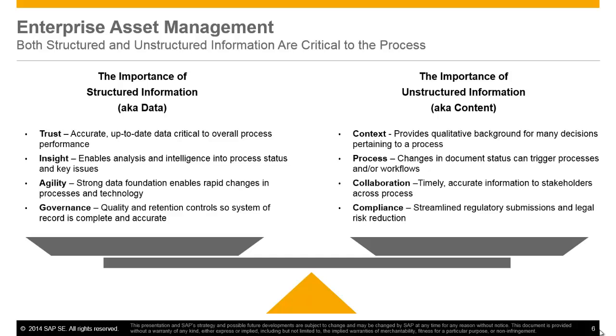The unstructured piece, talking about unstructured content, we're talking about documents, PDFs, manuals, work histories, and so forth, other unstructured content that is vital for day-to-day operation. You need to have that tied and linked into your business processes so that a technician, when he goes out to do a repair on the plant, can pull up the appropriate manual to do that repair, can pull up the most accurate maintenance histories related to that piece of machinery, and so on.